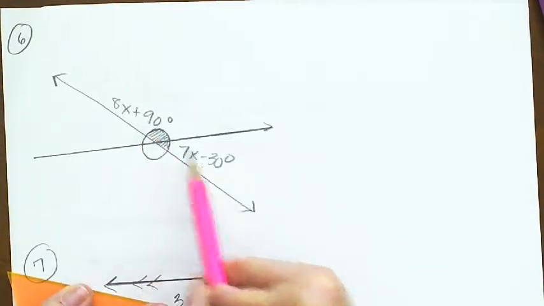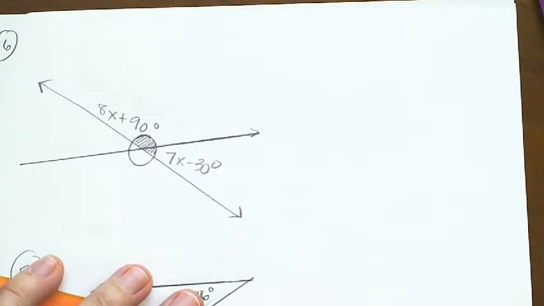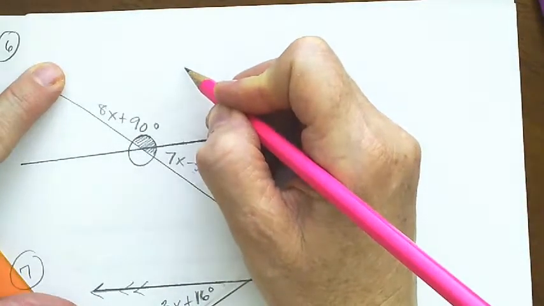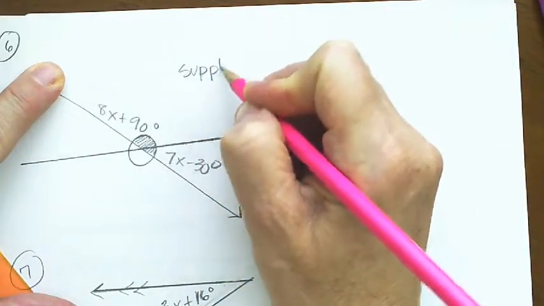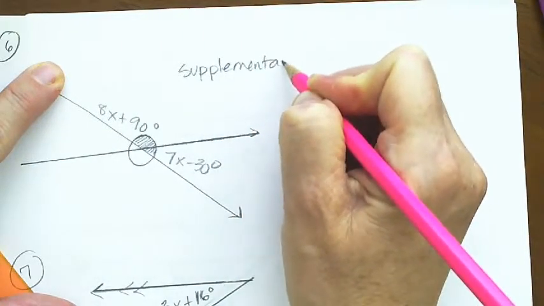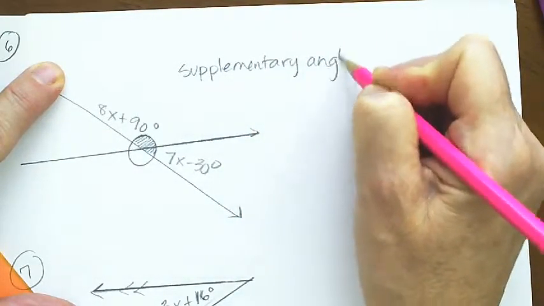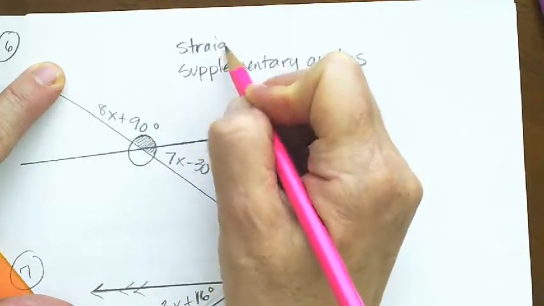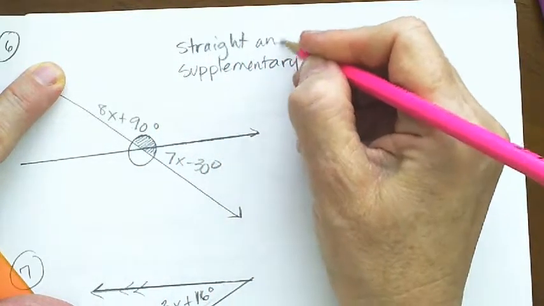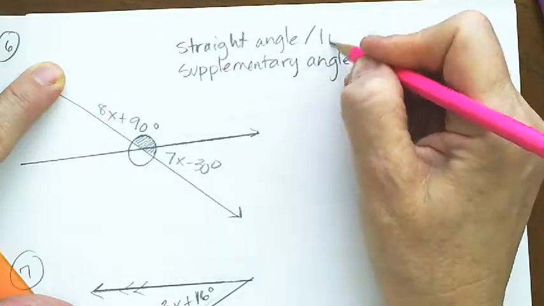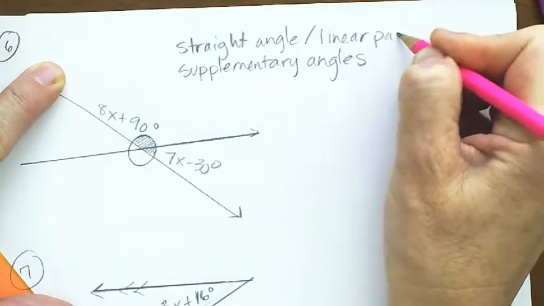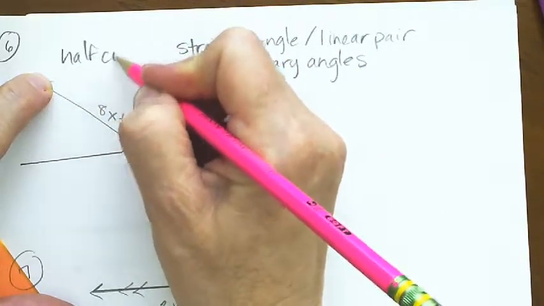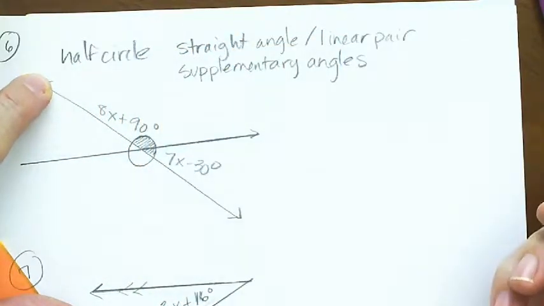So I know that together these 2 angles sum to 180. So the relationship is that they are supplementary angles because this is a straight angle or linear pair, or you could just write half circle. That's fine. Half a circle, 180 degrees.